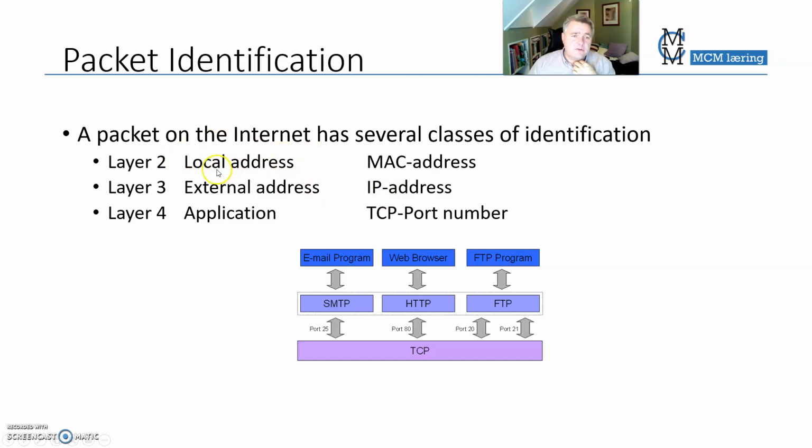First of all, there is a local address, the so-called MAC address, which every computer has. You also have an external address, the so-called IP address, which my computer also has. And then you have the application part of the address, which is the TCP port number. That depends on whether it's a mail, a file, or a request for a web page or whatever.